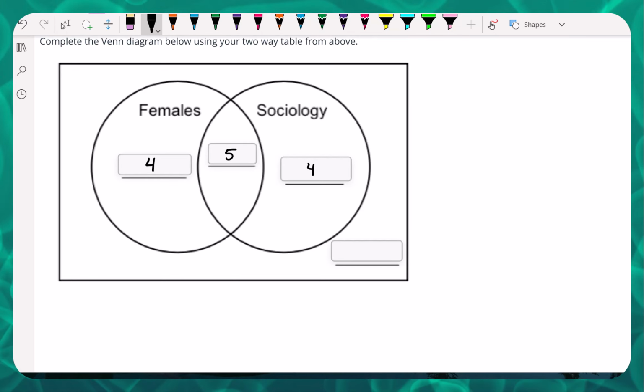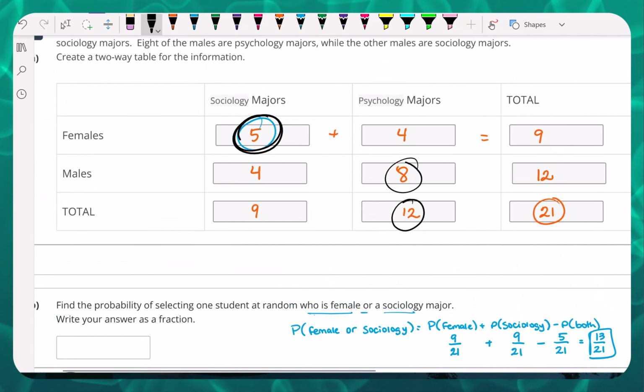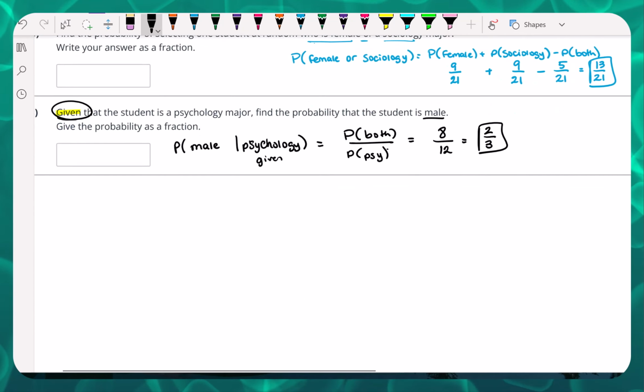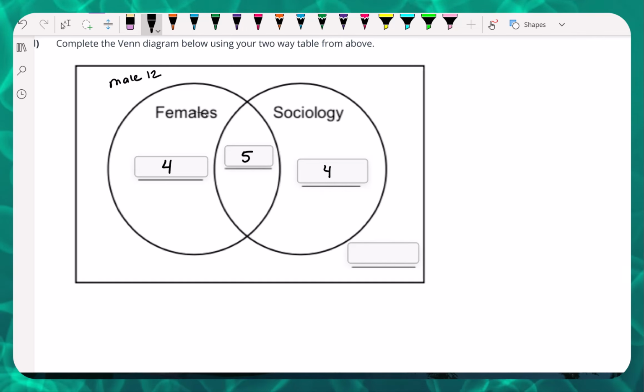Now here's the tricky part. If they don't belong in this female category, then this is going to be in the male category. So what I'm going to do is I'm going to look up here temporarily and figure out how many males we had. So I have 12 total males. Now that is not necessarily the number that's going to go in this little empty box down here, okay? So I know that I have 12 floating around outside this circle here.